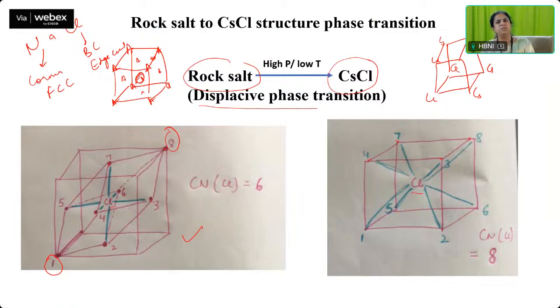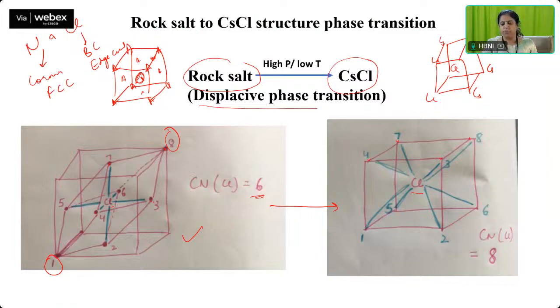But in this process, what has happened is your NaCl type of structure has converted to cesium chloride type of structure. The coordination number, which was 6 for chlorine, if you concentrate on the chlorine in rock salt structure, it had 6 sodium around it, which are lying at the center of 6 faces.